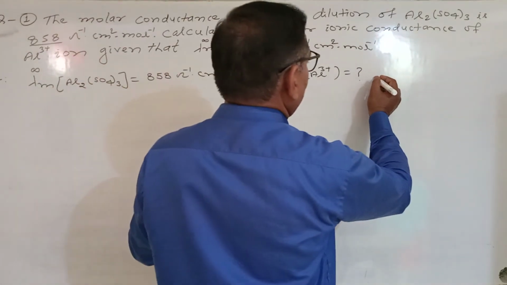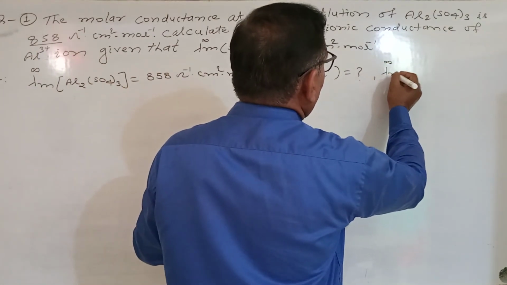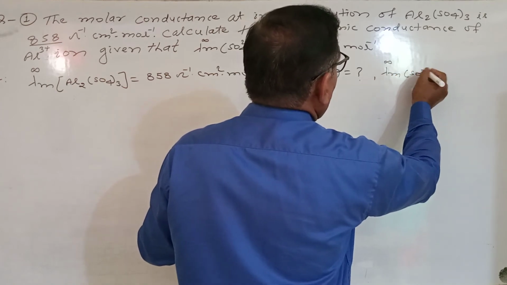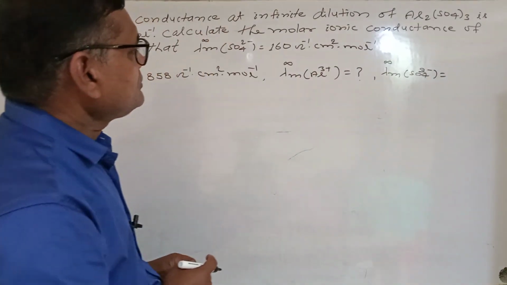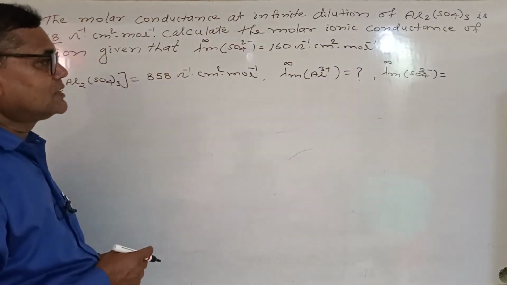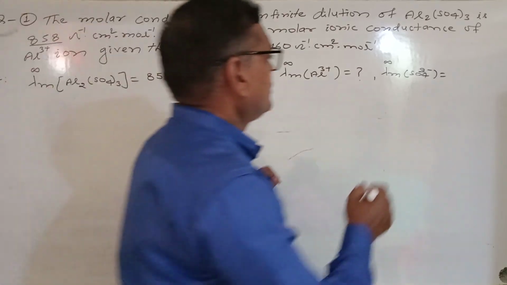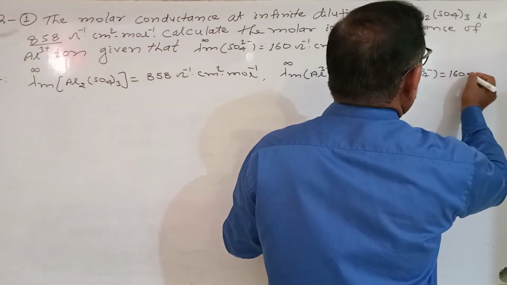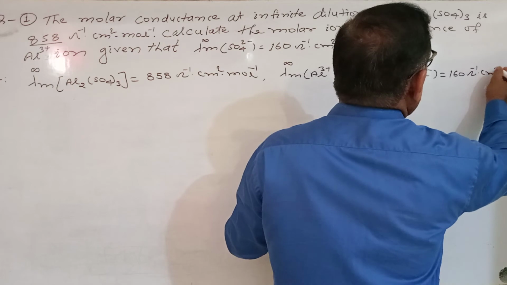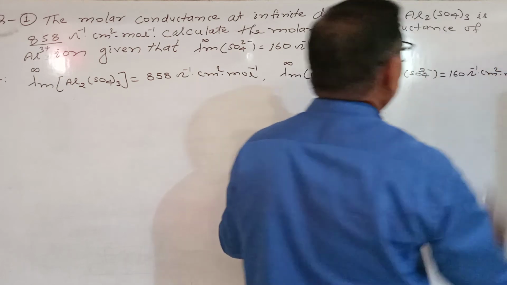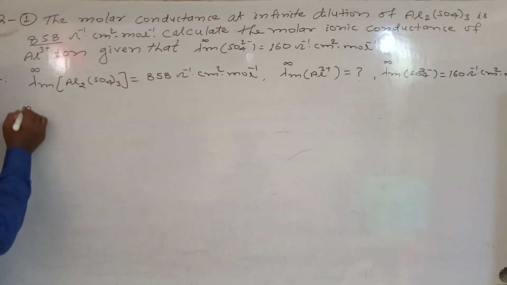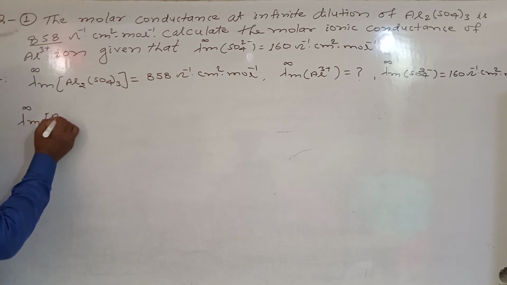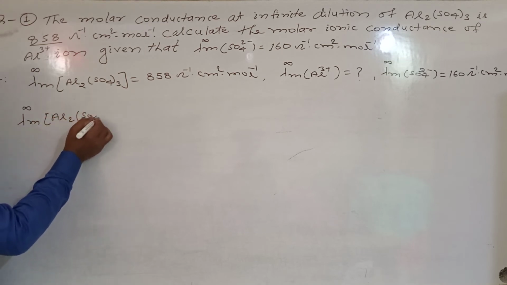Here we write lambda infinity m sulfate ion. The value of molar ionic conductance of sulfate ion is 160 ohm inverse cm square mole inverse. Now we write lambda infinity m aluminum sulfate.